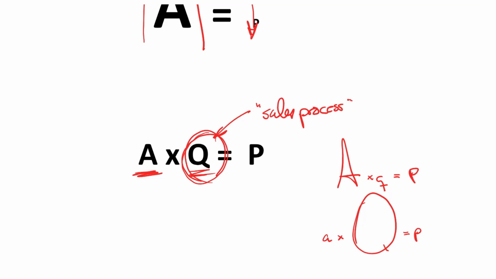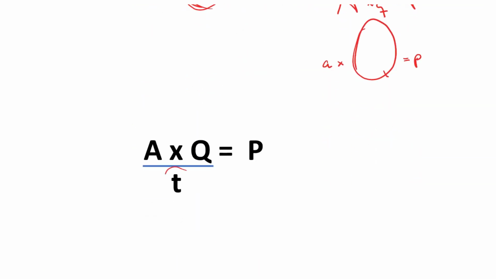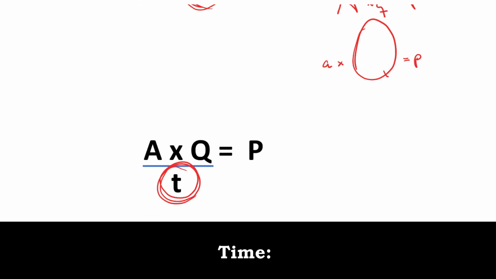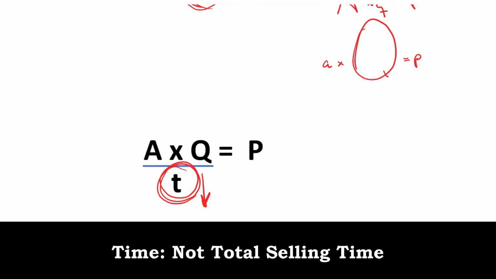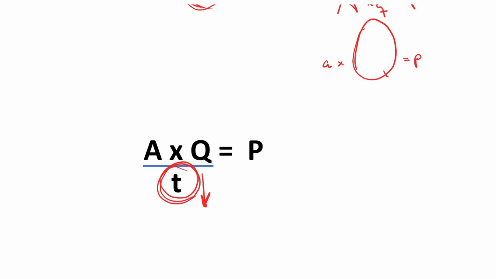And when you have those in balance, you can introduce another variable, which is the time being spent on these things. And as the time goes down, and I don't mean total selling time, but time to execute calls, outreach, emails, and so on, as the time goes down, that also is a positive lever on productivity. One of the things to say about this time going down would also be that equals efficiency.